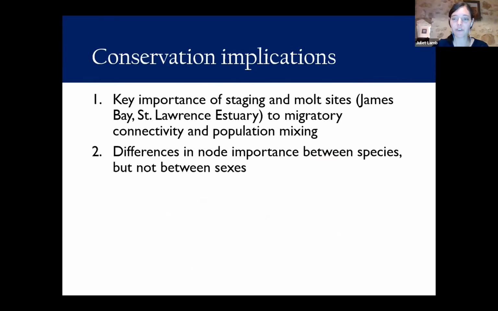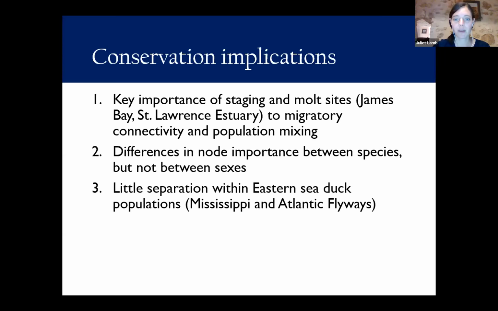But for certain species, they're using areas differently than one another. But there's little separation within at least the eastern portion of the range that we studied. There's not really any flyway-specific separation. There's a lot of mixing happening, particularly on those staging and migration sites. And yeah, the long-tailed duck is also a particularly good umbrella species for the entire multi-species assemblage in this case.